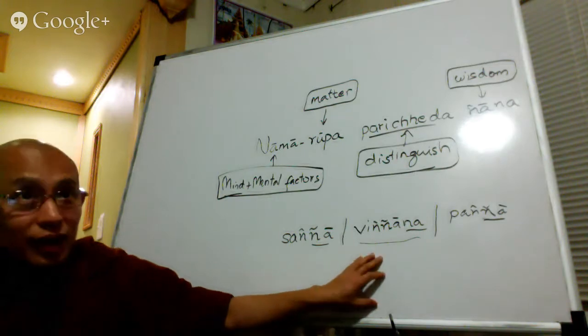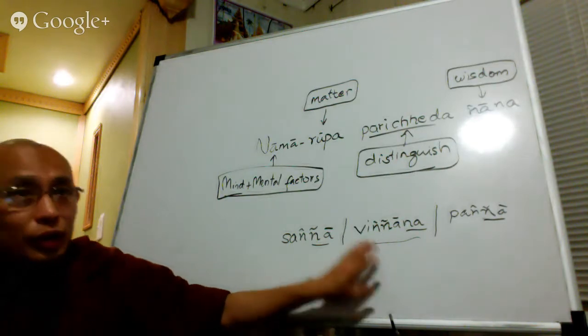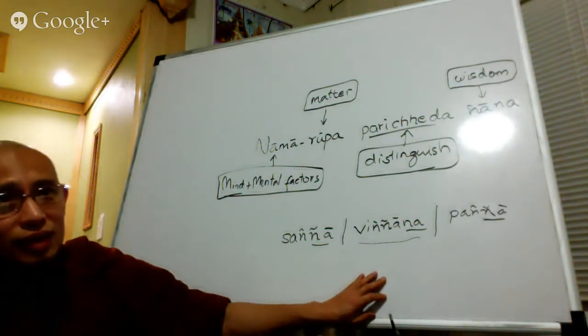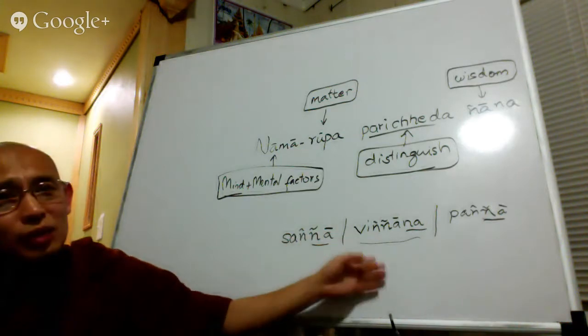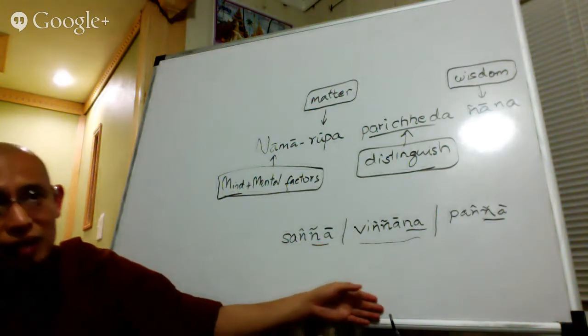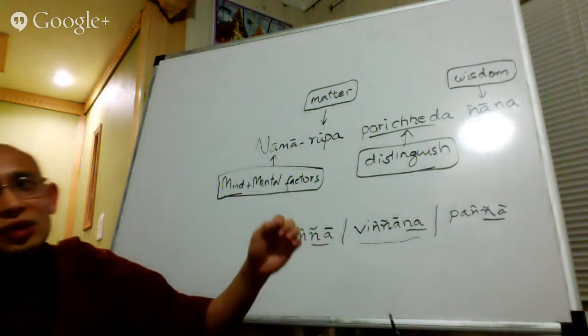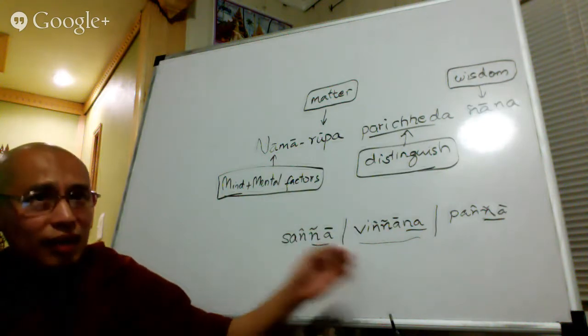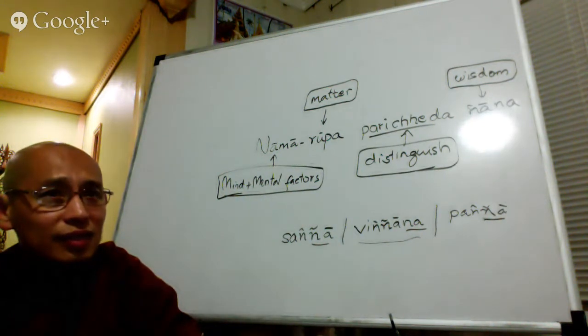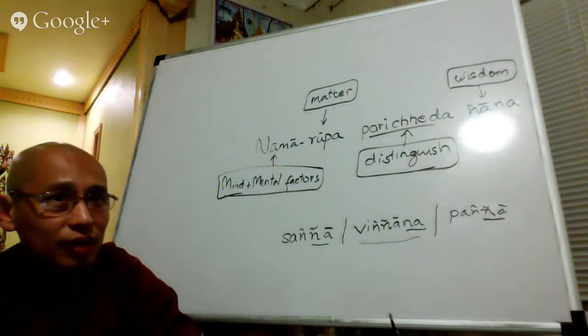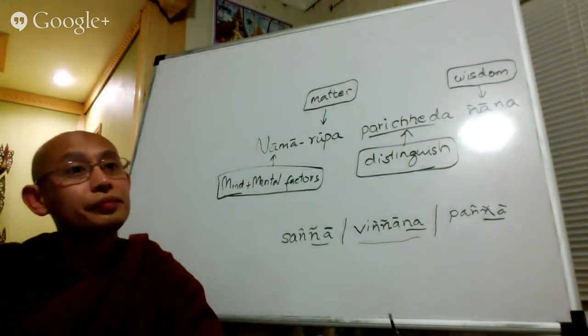Chakkhu vijnana, sota vijnana, ghana vijnana, jivha vijnana. So in English, we translate eye consciousness, ear consciousness, nose consciousness. Yes, vijnana is consciousness.